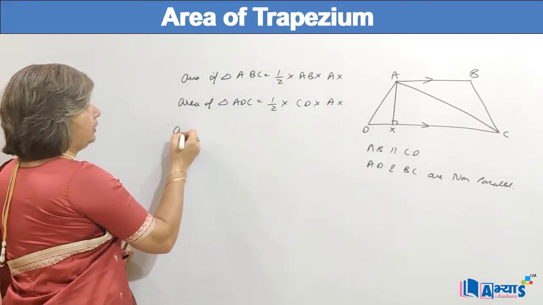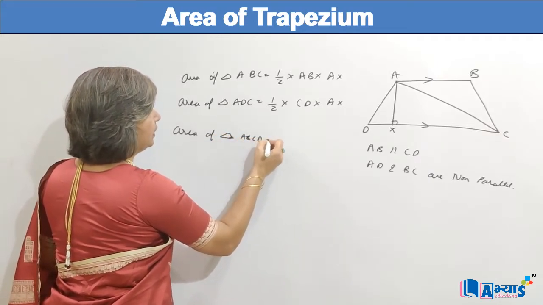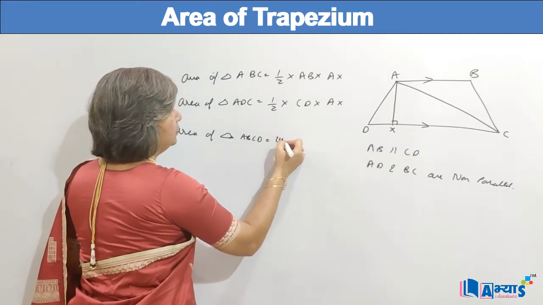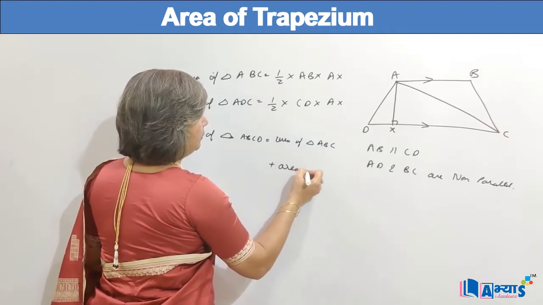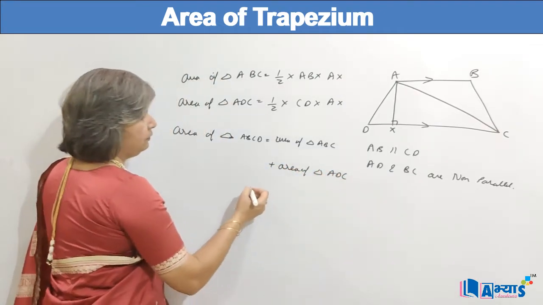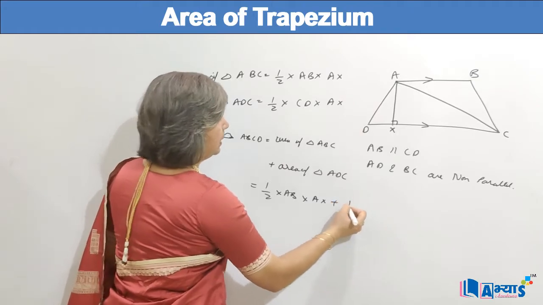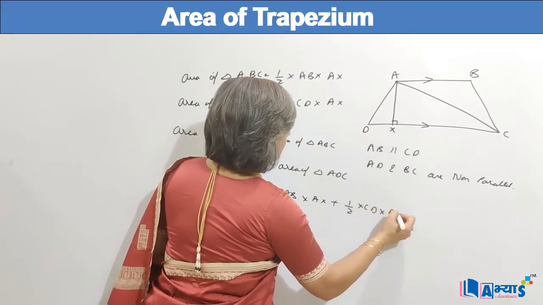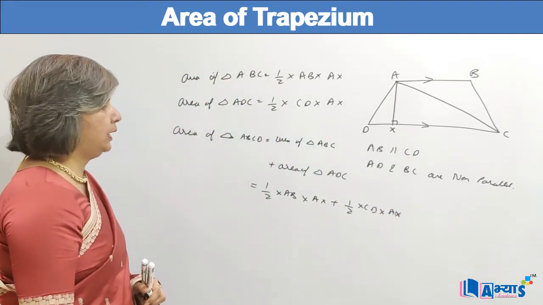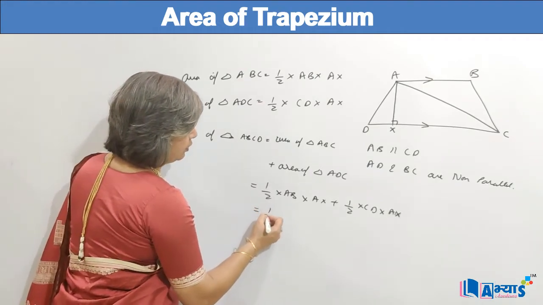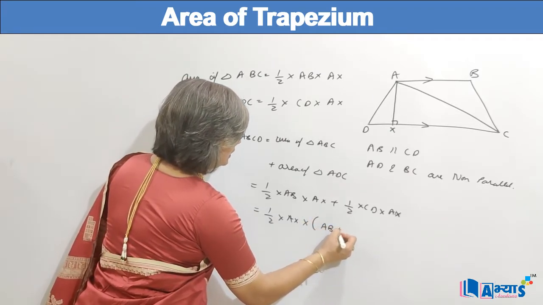So if we are supposed to find the area of trapezium ABCD, it will be area of triangle ABC plus area of triangle ADC. So it will be half into AB into AX plus half into CD into AX. Now we see that AX is common in both and half is common in both, so we will take it as common, half into AX into sum of AB plus CD.